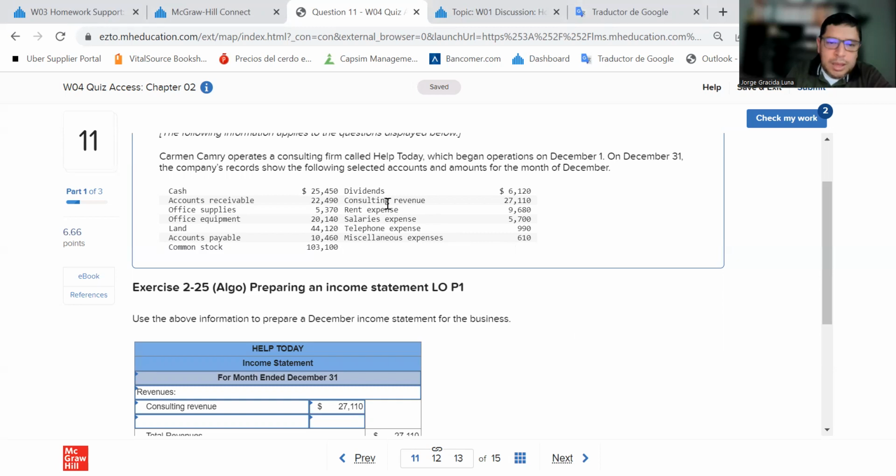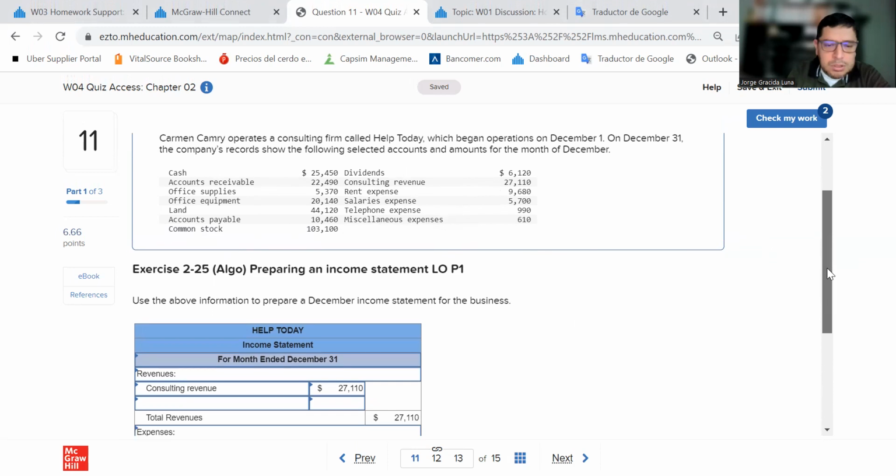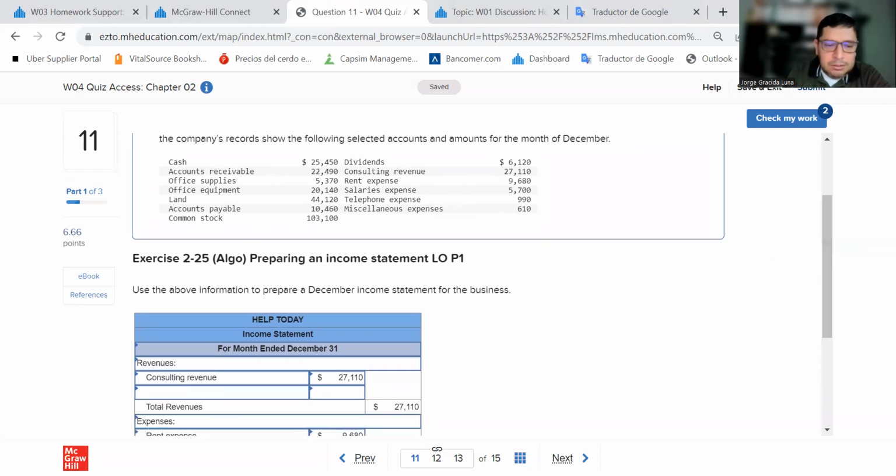We can see that we do not have another revenue account, so we're going to the next accounts. For example, rent expense, salary expense, telephone expense, and finally miscellaneous expenses. So we're going to put this title, in this case, expenses.